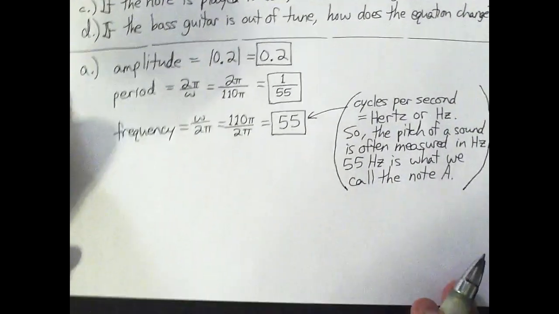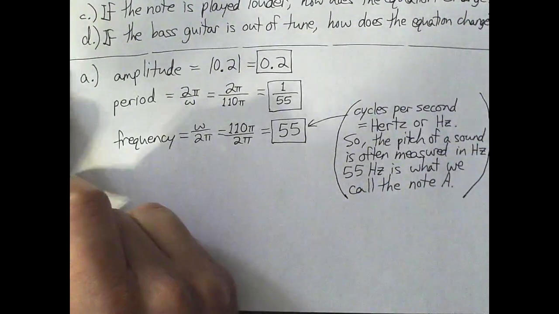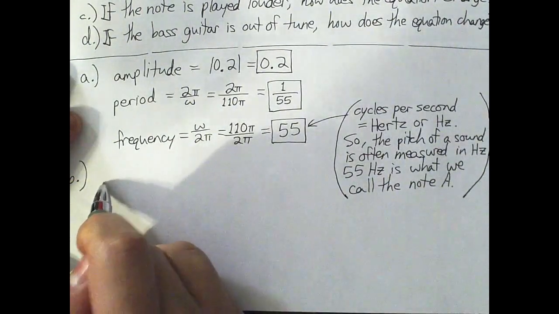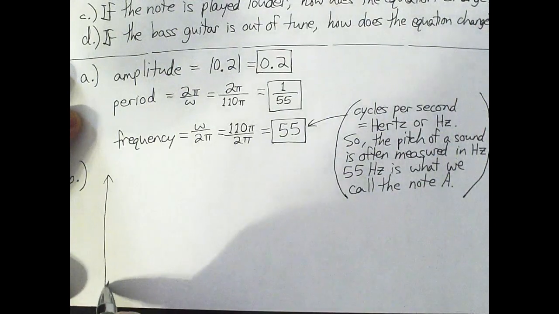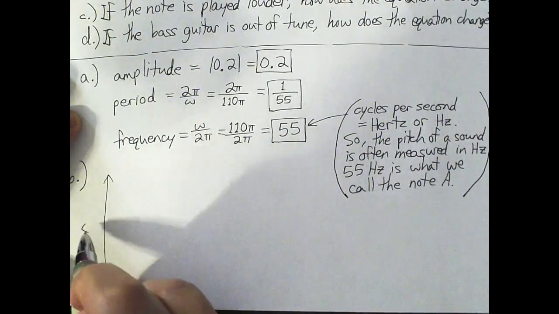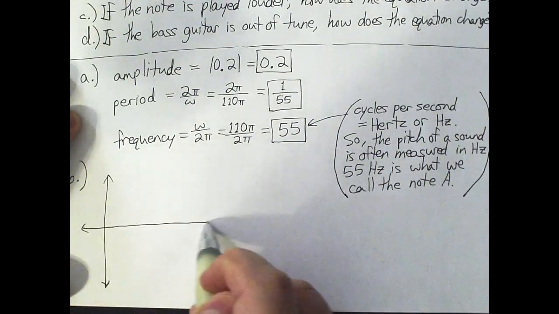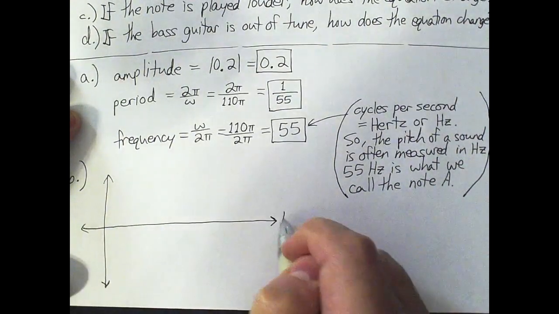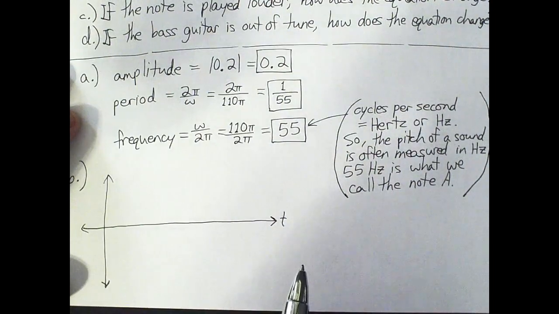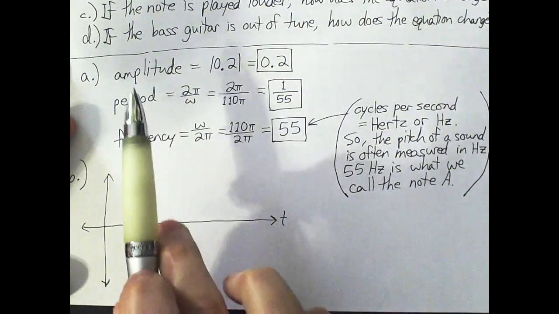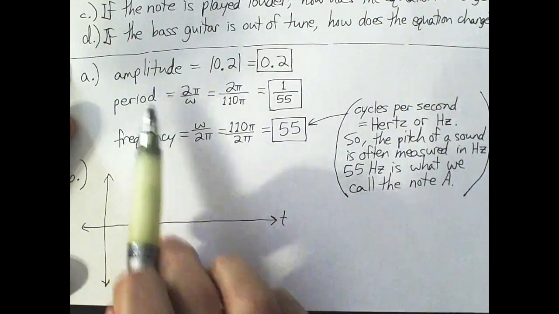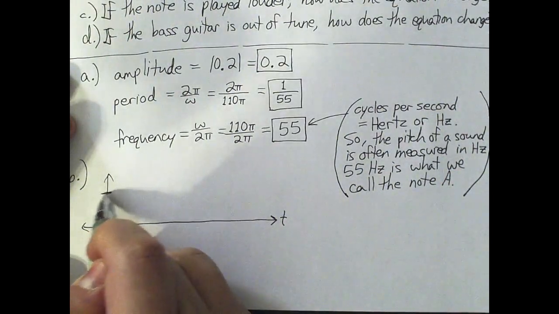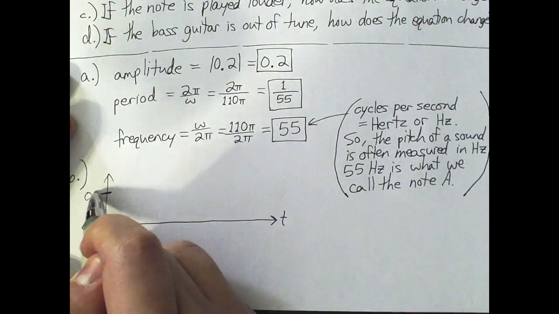Let's do part B right here. So we want to draw it, and you could imagine maybe t equals 0 is when the string is plucked. So we don't need to go in the negative t direction. We're just going to go in the positive t direction. Notice that we already found the amplitude and the period. That's going to help us graph this, because I know that the highest that this picture needs to go is a height of 0.2.